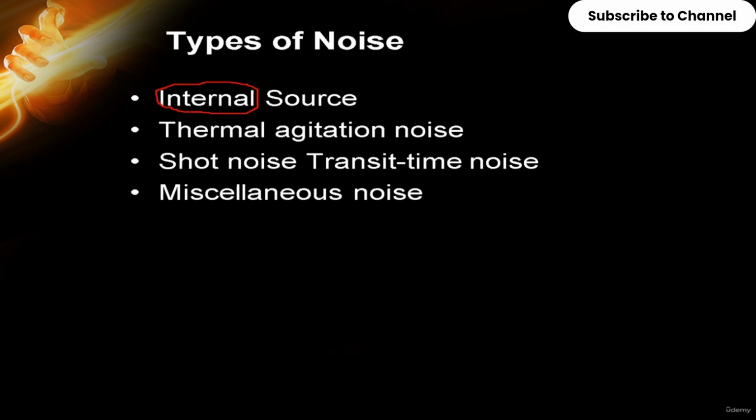Examples are thermal agitation noise, which is an electrical noise, also known as Johnson noise. Then there is shot noise or transit noise, which occurs during transmission of a signal. Then miscellaneous noises, which include flicker, resistance effect, and mixer generated noise, like that.